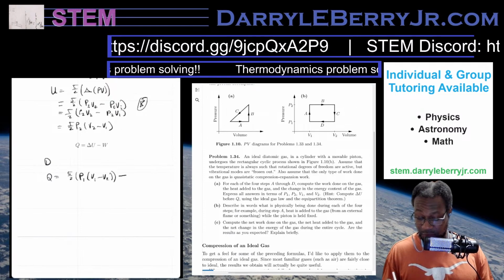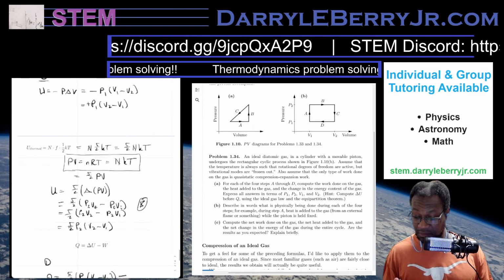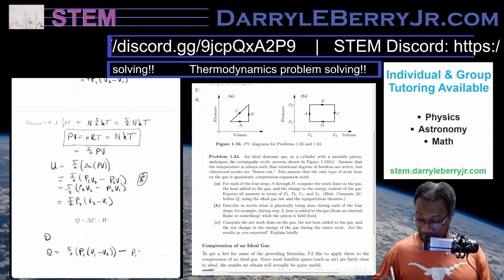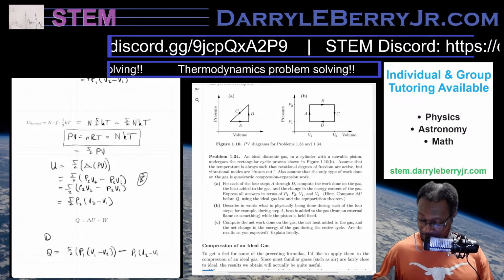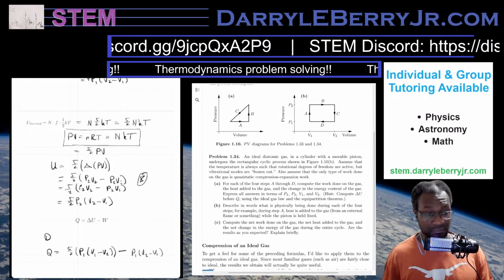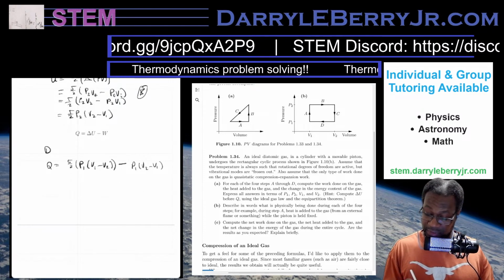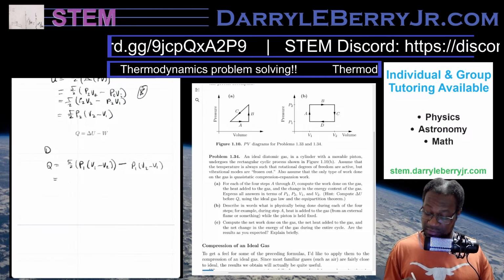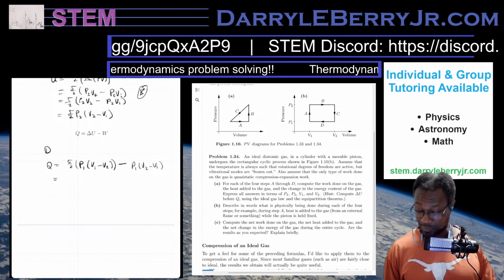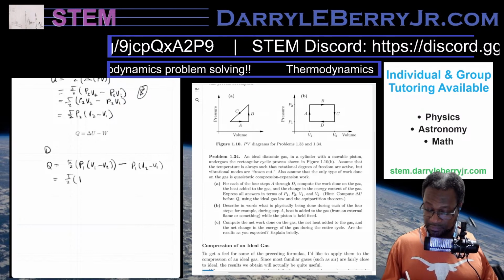And then the work for D we have is P1 (V2 minus V1). So that ends up being 2/2 times, so either, oh, I see. We need to put them in the same form.